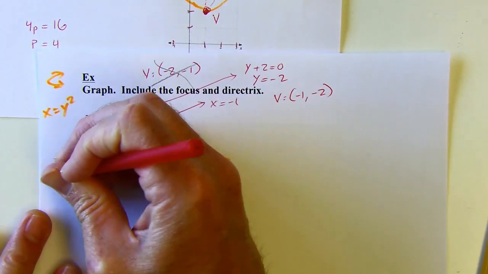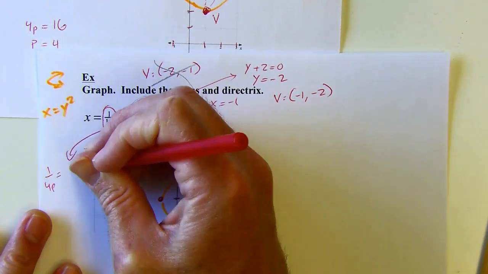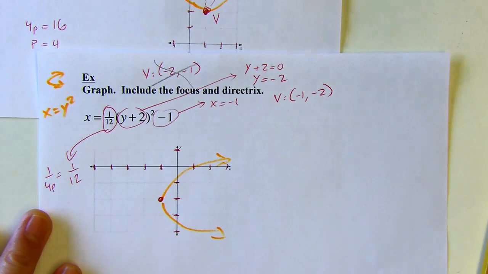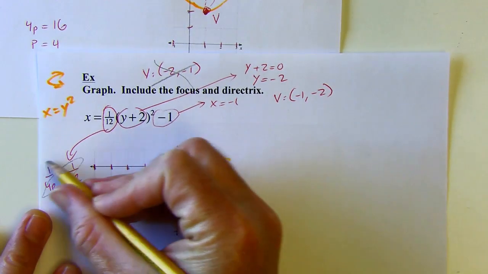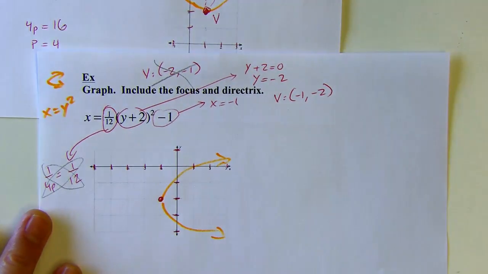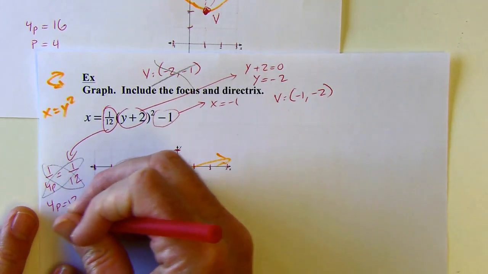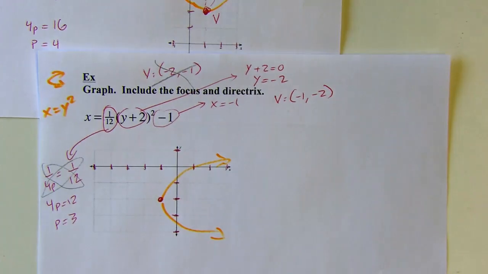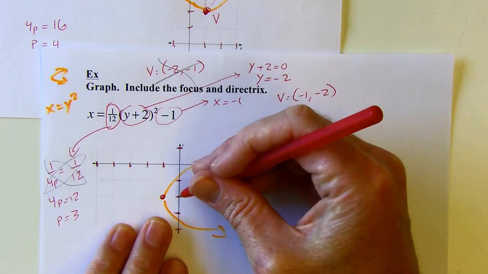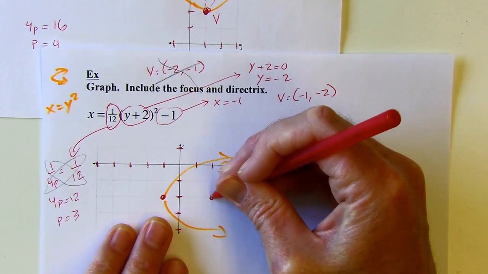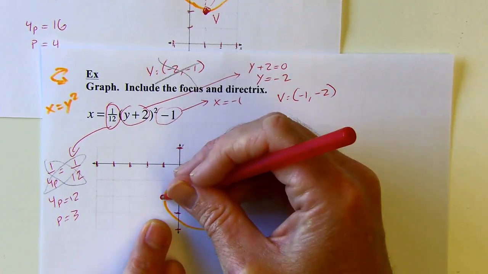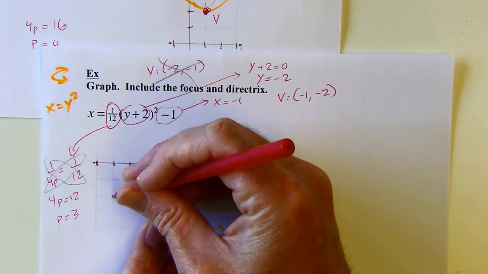So 1 over 4p is going to equal 1/12. Okay, I'm going to cross multiply. 4p is going to equal 12. And that means p is 3 once I divide by 4. All right, so I'm going to go 3 units to the inside. 1, 2, 3. Here is my focus. I'm going to go 3 units, 1, 2, 3, to the outside.